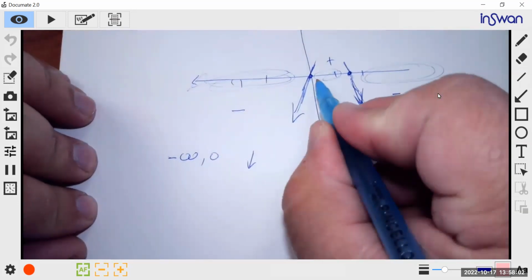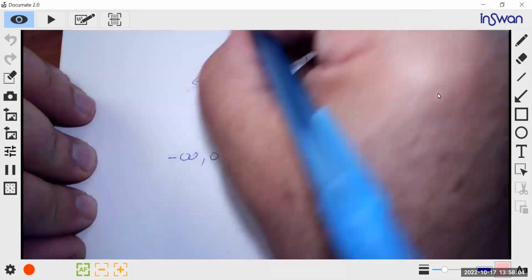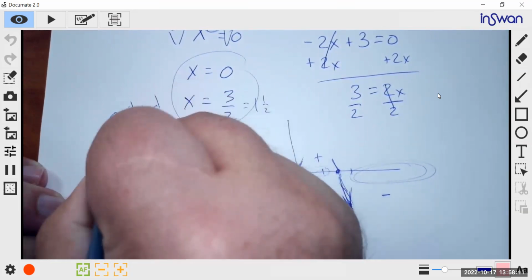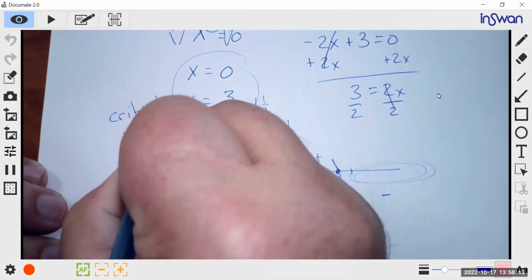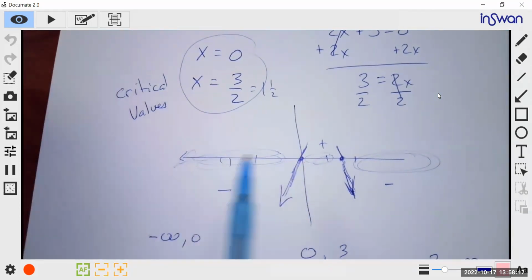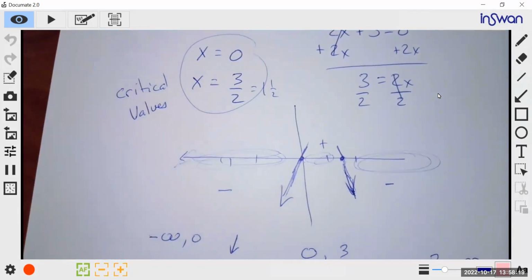These points here, the 0 and 3/2, are also called our critical values, because at those points, either to the left or to the right of them, the answer will be either above or below the x-axis.